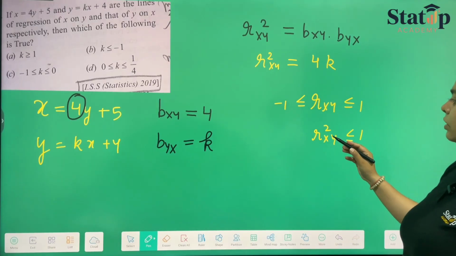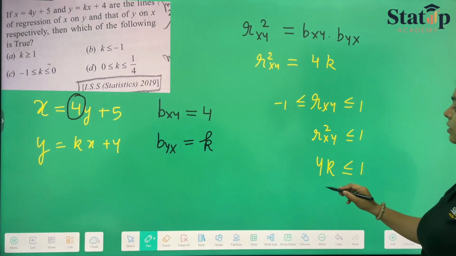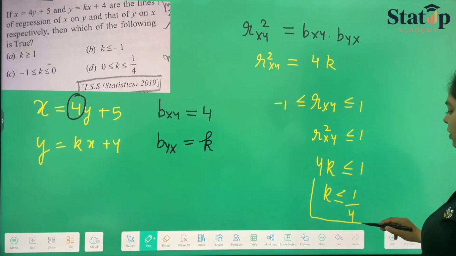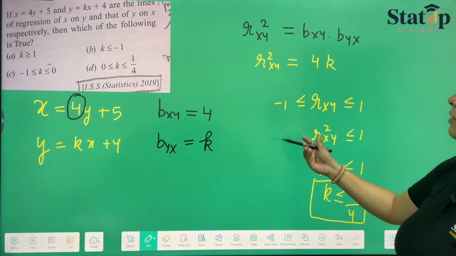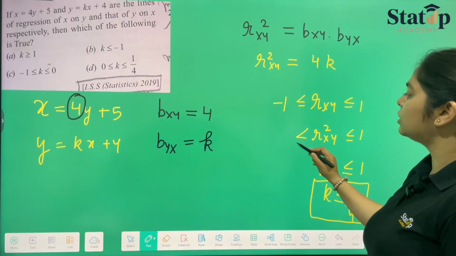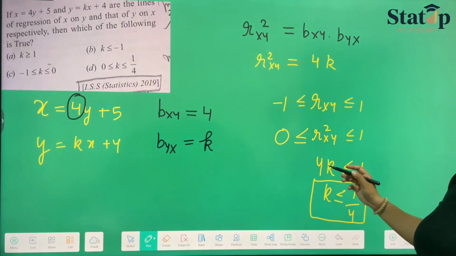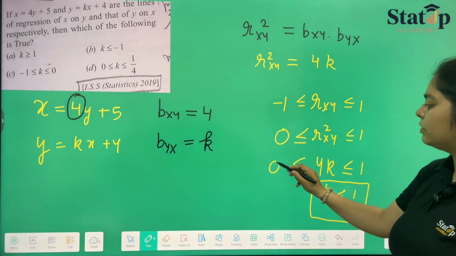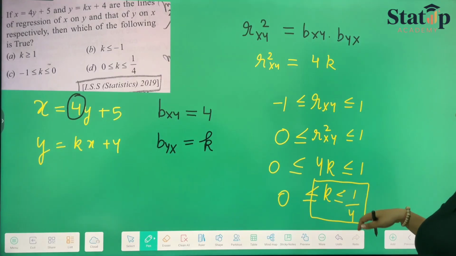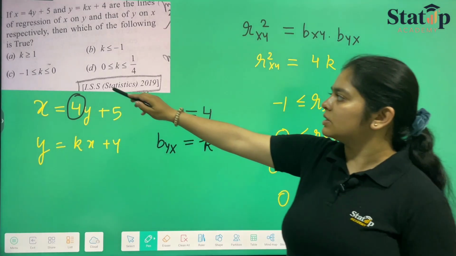Here if we put the value, 4k is less than or equal to 1, and k is less than or equal to 1 by 4. Taking the positive limits, it lies between 0 and 1, so k also lies between 0 and 1 by 4. Dividing by 4, 0 will remain 0. So our option D is the correct answer.